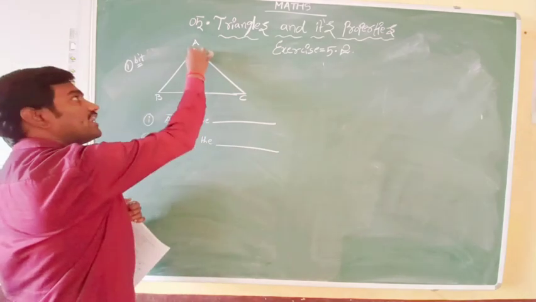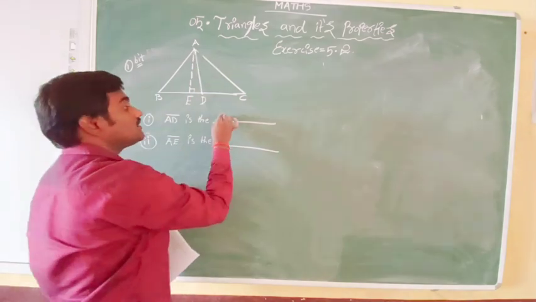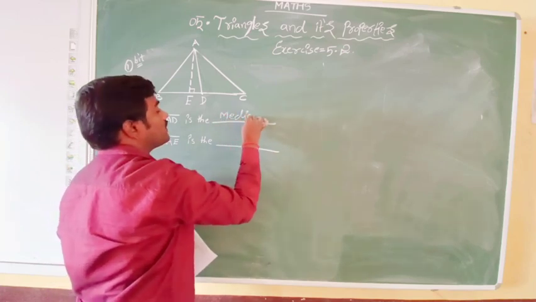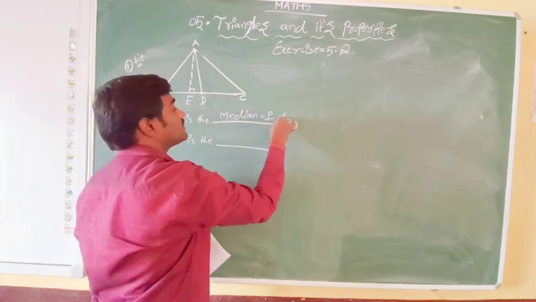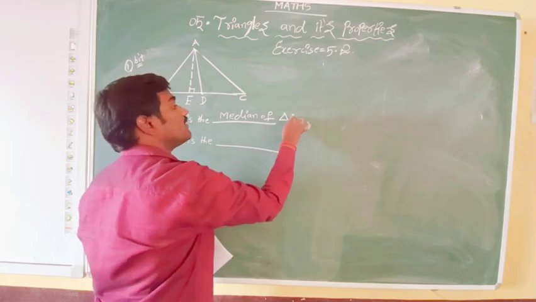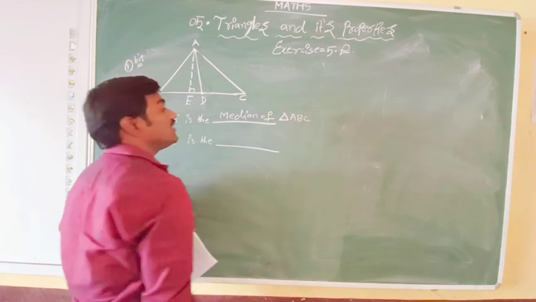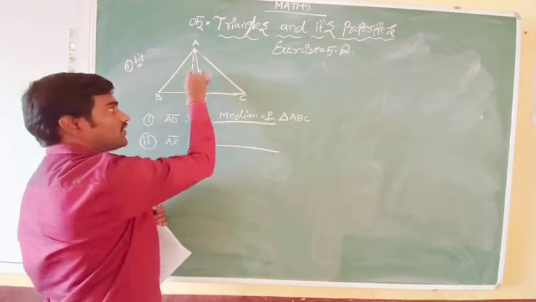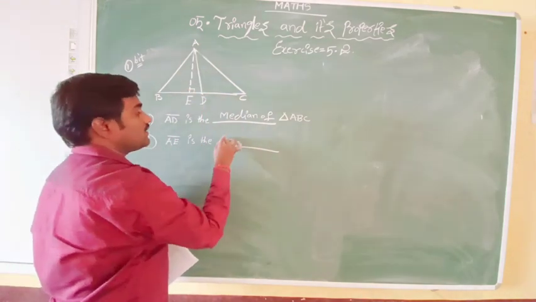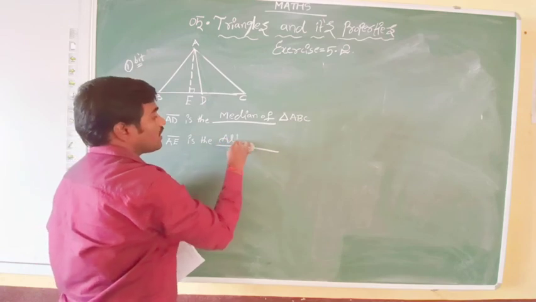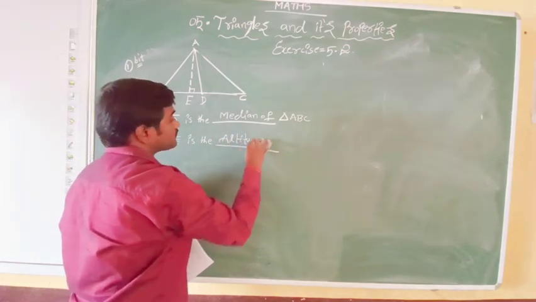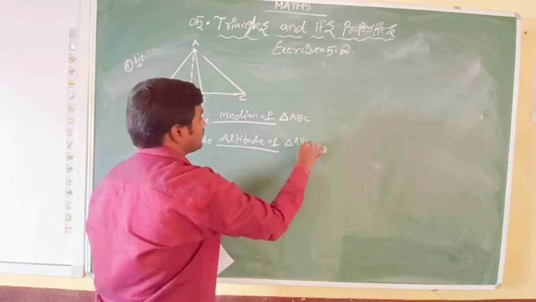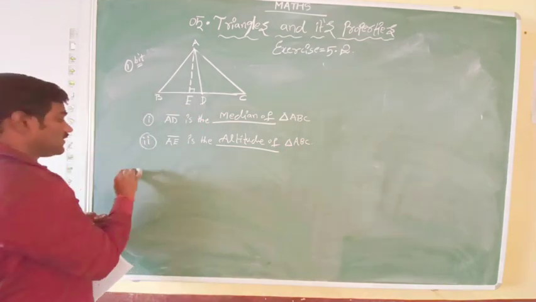Yes, AD, as you said, is the median of triangle ABC. AE is a straight line which is perpendicular to BC. Then it is the altitude of triangle ABC. Yes, the first question.